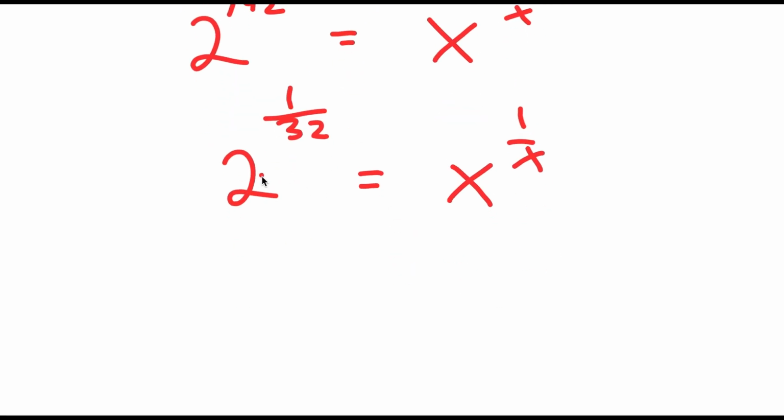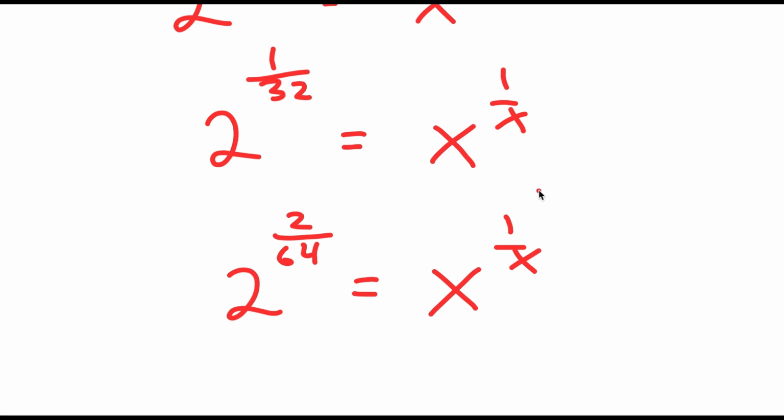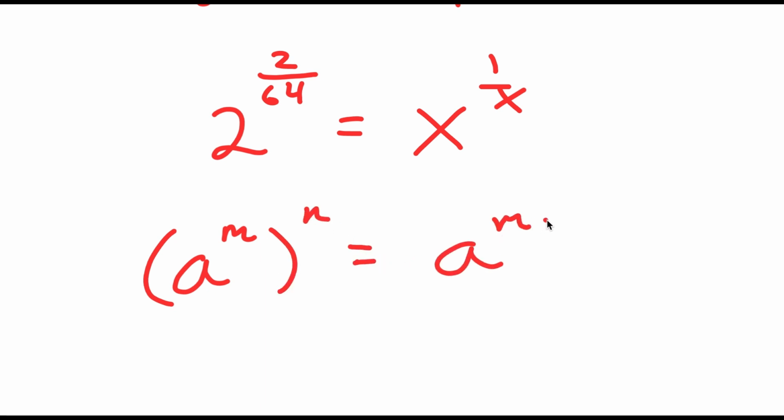So now these two still aren't the same, so we have to change this again. What I'm going to do is rewrite 1 over 32 as 2 over 64. And remember that property earlier, a to the power of m to the power of n is equal to a to the power of m times n.